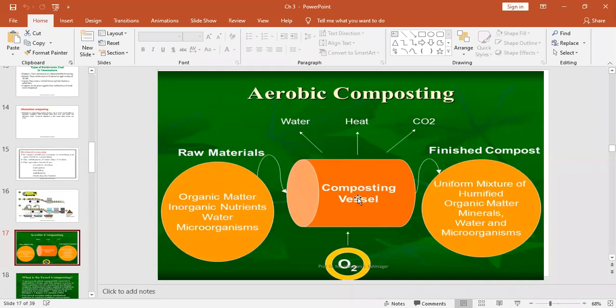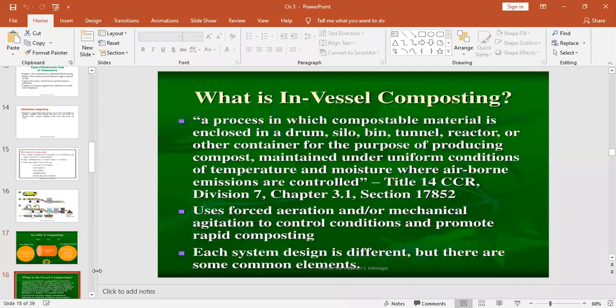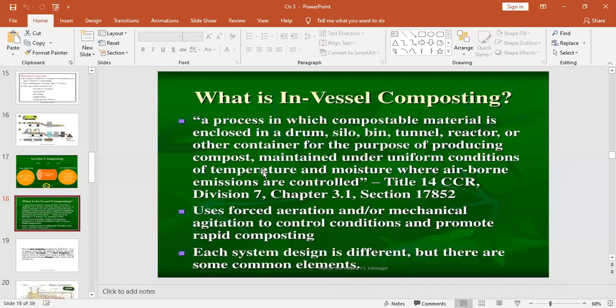After the completion of decomposition or digestion and stabilization, this produces a uniform mixture of humidified organic matter, minerals, water, and microorganisms as the output from vessel composting. Are you getting it? I tried to explain it diagrammatically. In detail, we will discuss what in-vessel composting is.